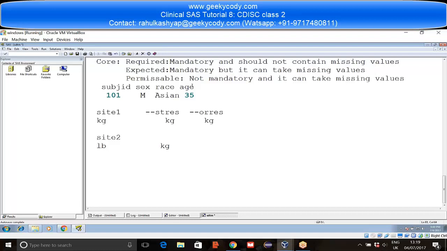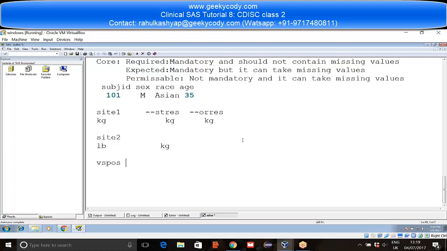Even if the variable is present or not present, that doesn't affect the drug approval process. Variable is present but value is not there, that is also fine. For example, when collecting BP values, what is the vital signs position?